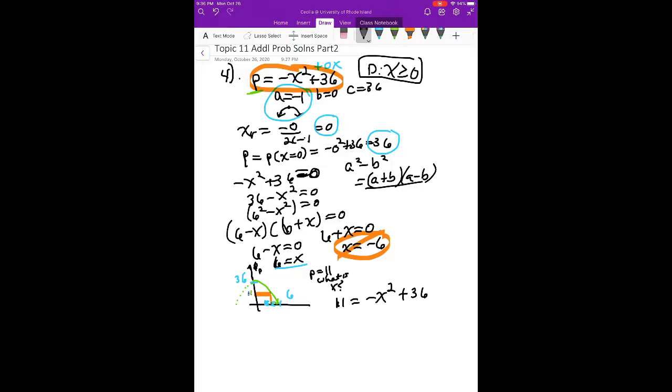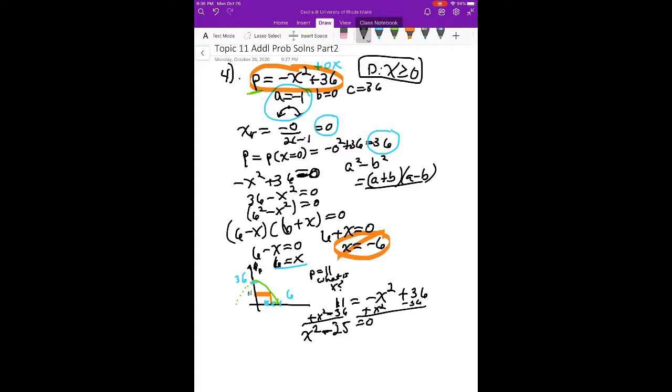Okay, so if we add x squared to both sides, we'll end up with x squared. And if we subtract 36, minus 36 plus 11 is going to be minus 25 is equal to 0.